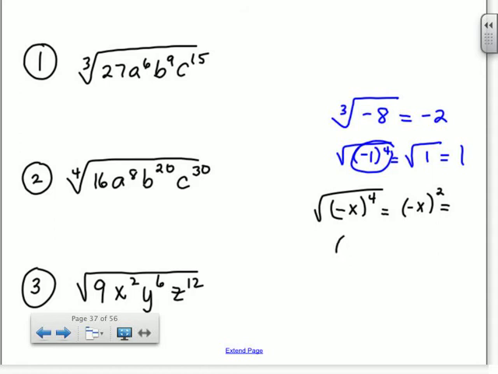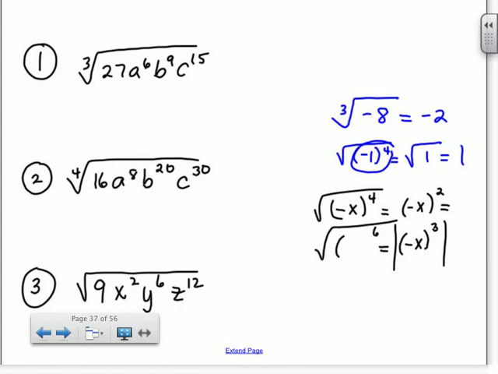But if I had negative x to the 6th and then the square root, see how that's negative x to the 3rd. So if that had been a negative number, it would still be negative, so you'd need absolute values to make sure that it's positive in the end. I don't know if I explained that very well.